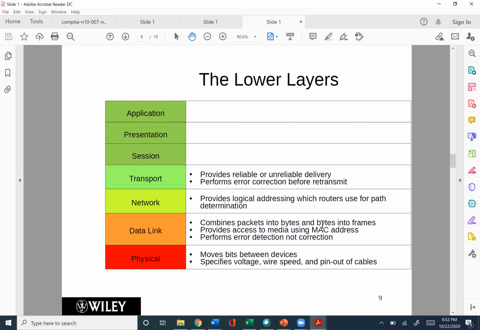Network, we're putting routers with IP addresses. Transport, we have two main protocols at this layer, UDP and TCP. One of them, TCP, we said is reliable. We have a whole section where we're going to talk about TCP, UDP, and the three-way handshake protocol. We're going to talk about it in another section, but TCP and UDP are the transport protocols that we use.